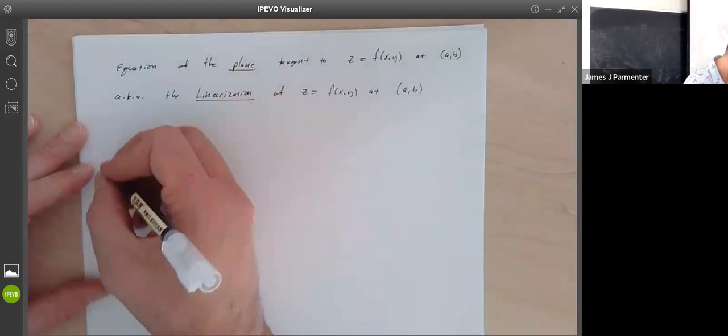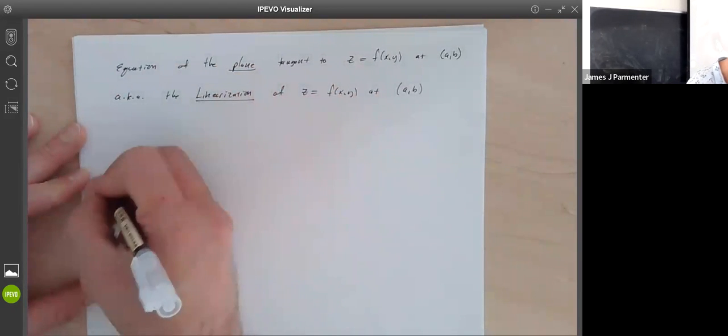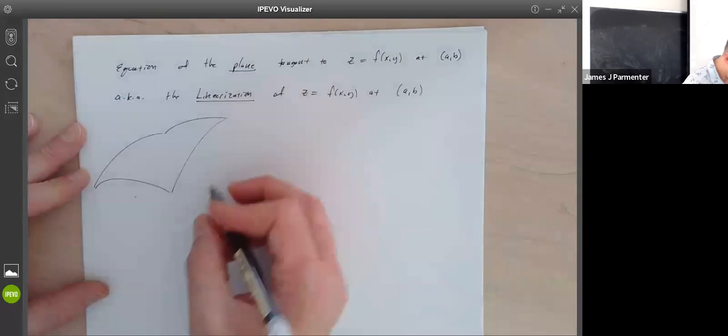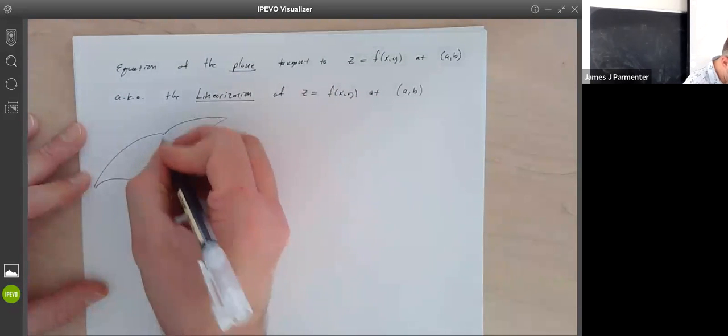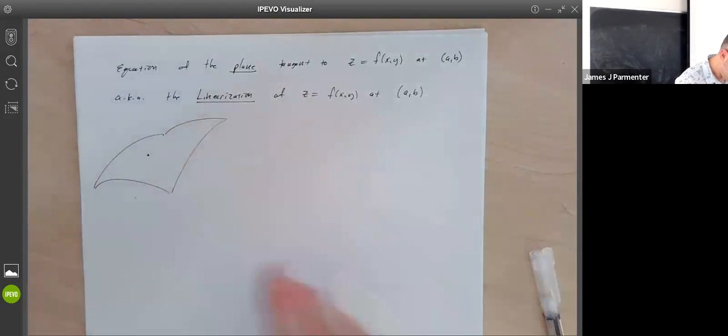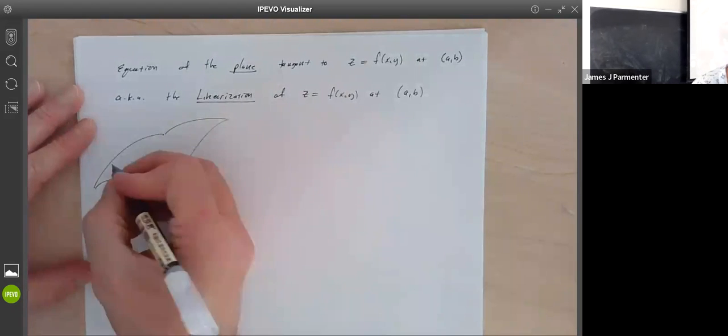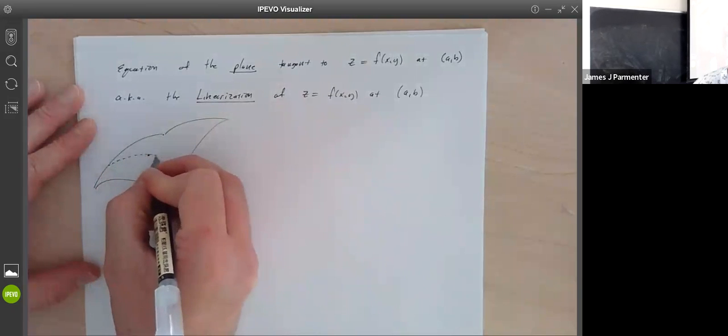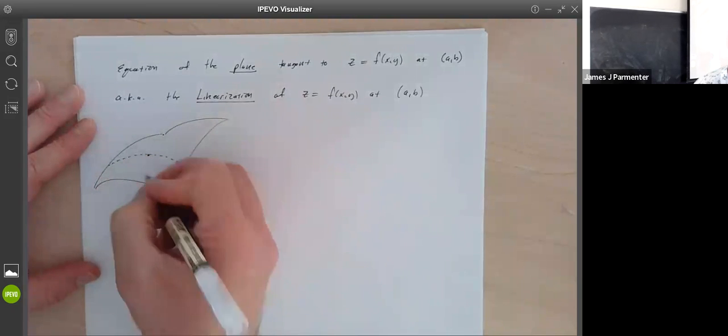And so the idea is, we've got some surface, and at some point, let me draw this in a way that I can actually draw the thing I'm trying to draw.